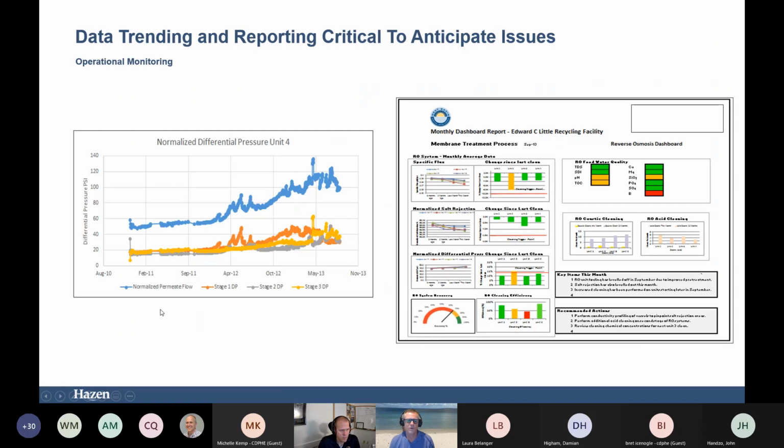Lastly, of course, we don't want to, as good operators, be relying on waiting for the alert condition to occur, waiting for the action condition to occur. It'll happen sometimes because some failures are more immediate. Membranes can fail, filters, laterals can break, analyzers can fail.